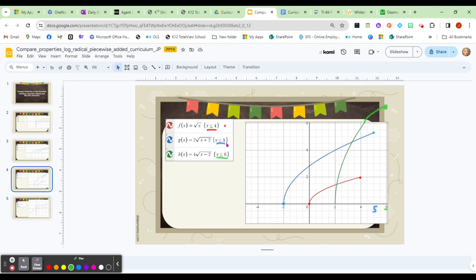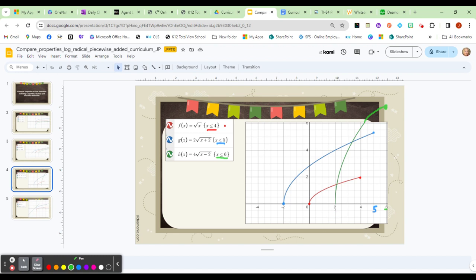So one thing that we can compare is we have different pieces based on where our inequalities are. So the red graph, we only have this piece of the graph where x is less than or equal to 4. The blue graph, we only have this piece where x is less than or equal to 5. And the green graph, we only have the piece of that graph where x is less than or equal to 6.